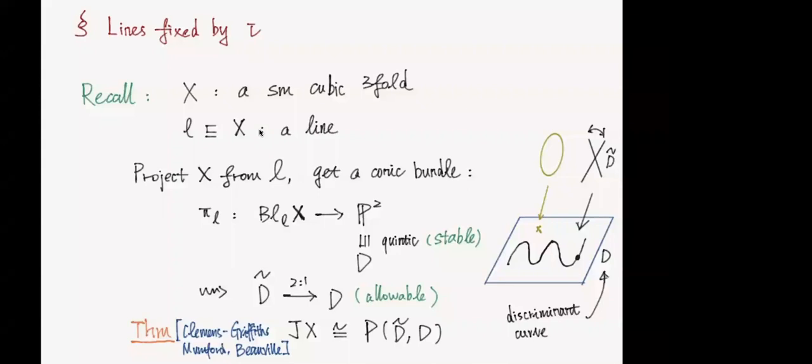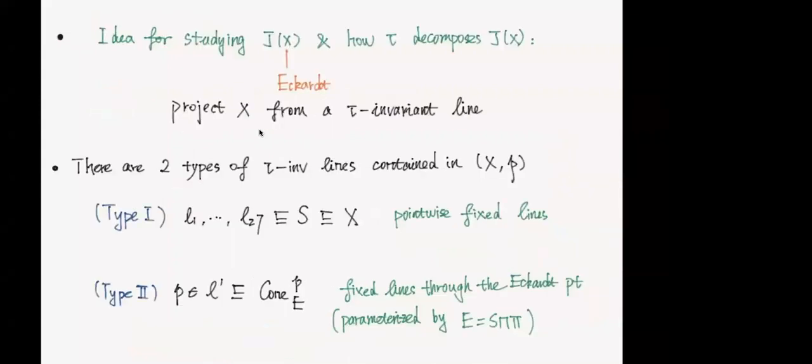Okay, so that's what happens for any smooth cubic threefold. And here we have the Eckardt cubic X, so it has an involution. So we want to study this intermediate Jacobian and how the involution decomposes it. What we do is project X from an invariant line to some invariant complement plane.